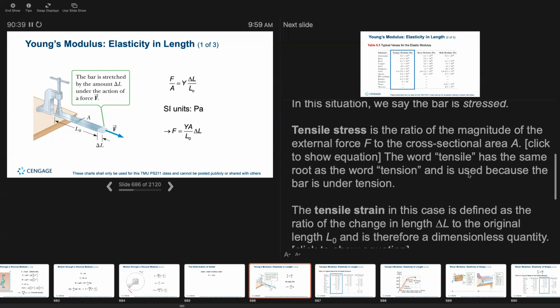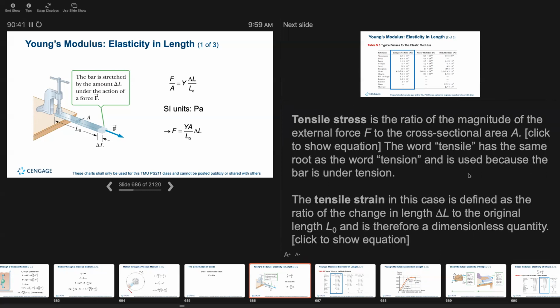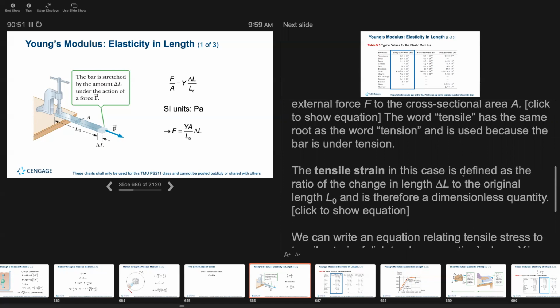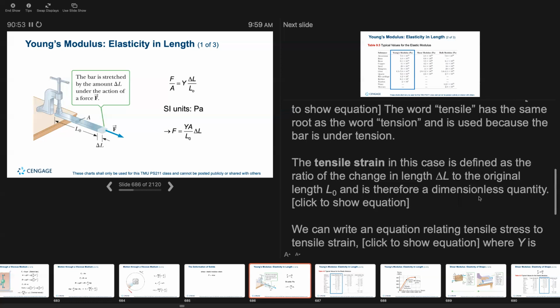The tensile stress is the ratio of the magnitude of the external force F to the cross-sectional area A. The word tensile has the same root as the word tension and is used because the bar is under tension. The tensile strain is defined as the ratio of the change in length delta L to the original length L, and is therefore a dimensionless quantity.